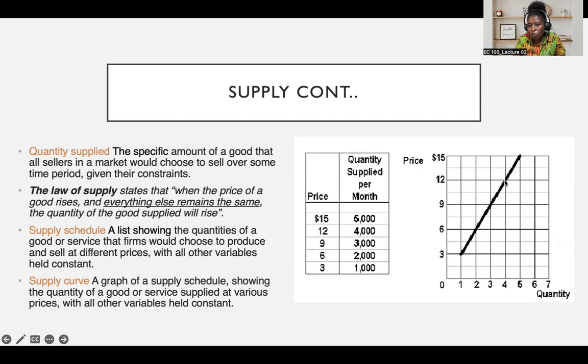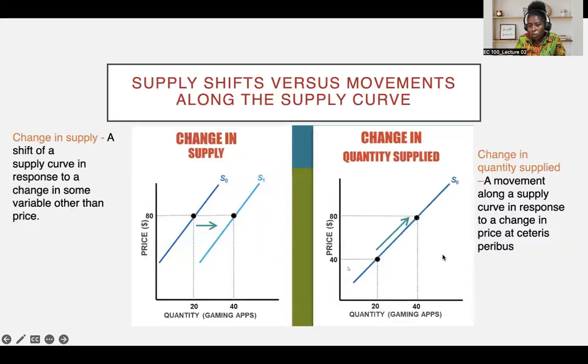It could also go this way, this way, this way. So this change has not shifted anything. It's just along the curve because of changes in price. So quantity supplied is changing due to a change in price, all other factors constant. This is what we call change in quantity supplied. The movement is along the curve.